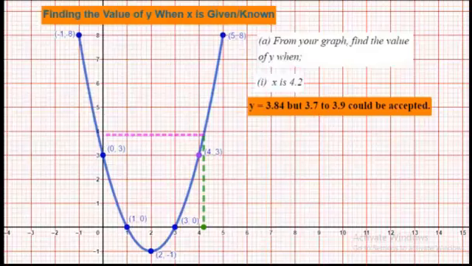Let's see our next question. From your graph, find the value of y when x is 2.6 on the x-axis. From the origin, I will try to move to my right to find where 2.6 is on the x-axis.